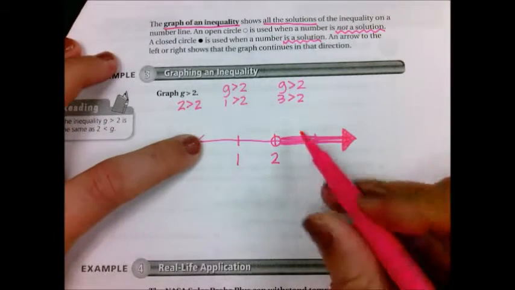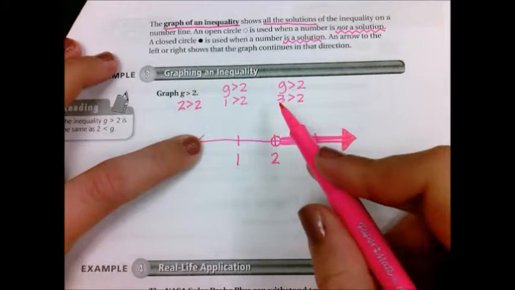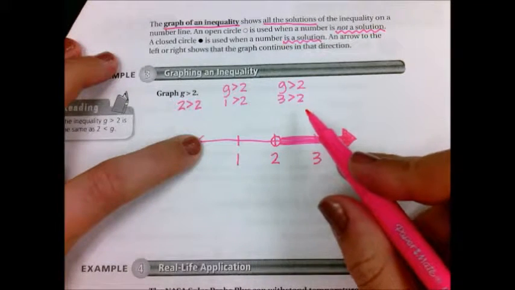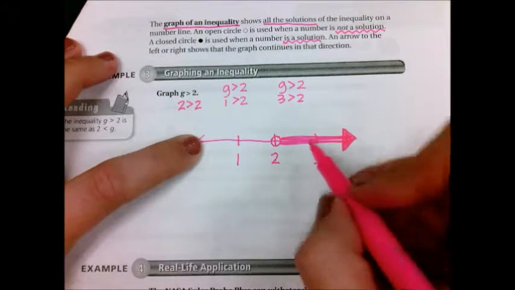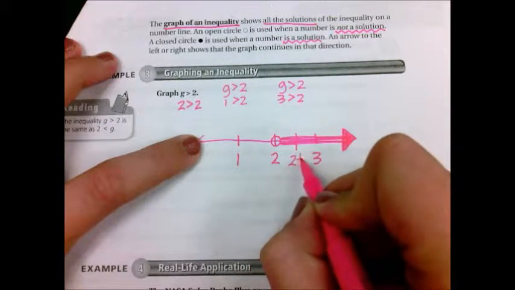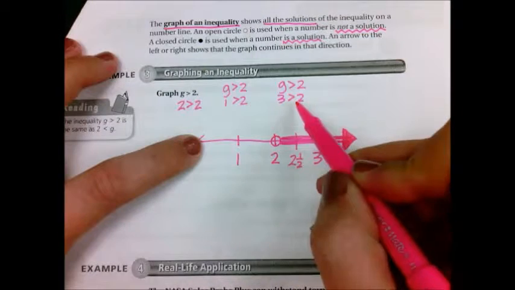So 3 would make that true because 3 is greater than 2. 4 would make that true because 4 is greater than 2. 5 would make this true because 5 is greater than 2. If I picked a number that would be here, so what number would be right in between 2 and 3? That'd be 2.5. 2.5 would make this true because 2.5 is greater than 2.